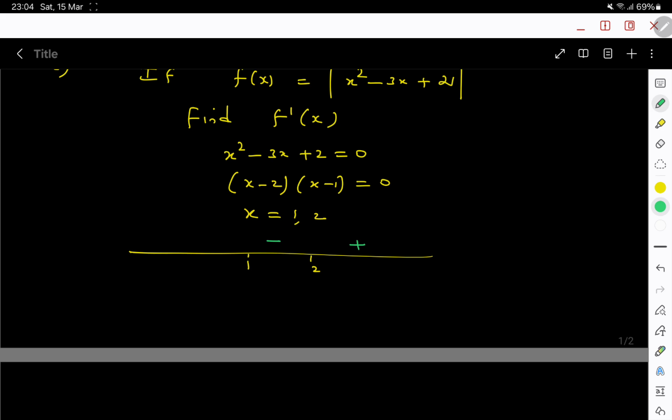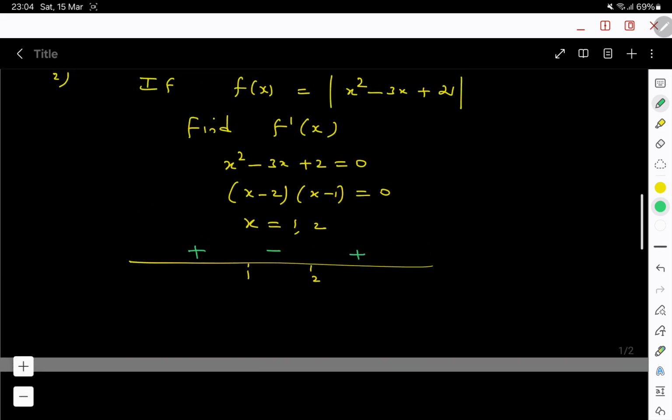Less than 1, say 0.5: 0.5 minus 2 is minus 1.5 into minus 0.5, minus times minus is plus, okay. So for x greater than 2 and less than 1, f of x is positive, and between 1 and 2, f of x is negative. That is, x square minus 3x plus 2 is negative, okay.